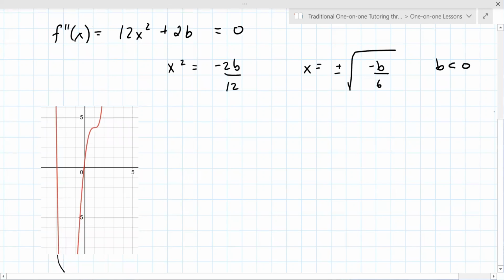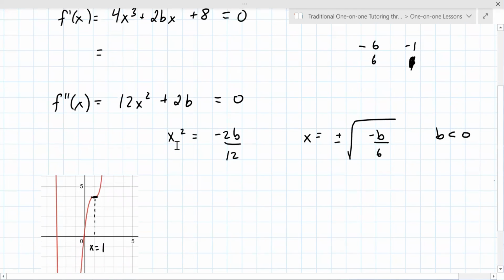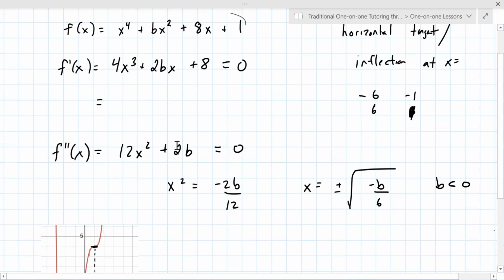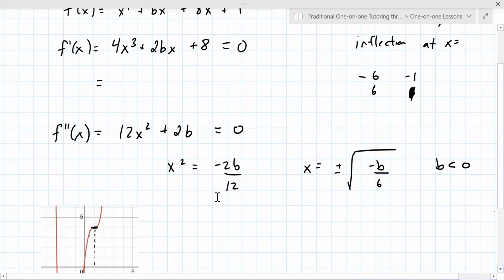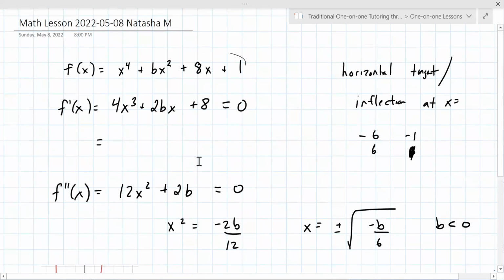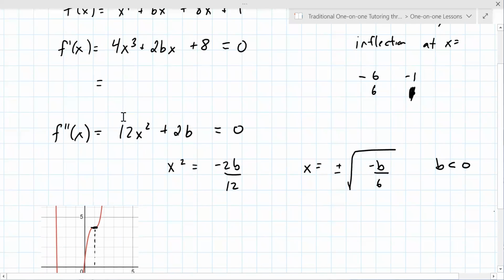This comes around and connects, this is a b of -6, and this happens at x equals 1. This horizontal tangent, and it's a change of inflection. But you're not given b. You're just given the options. It says which of the following. Yep. Okay. In that case, you are supposed to use the answers.